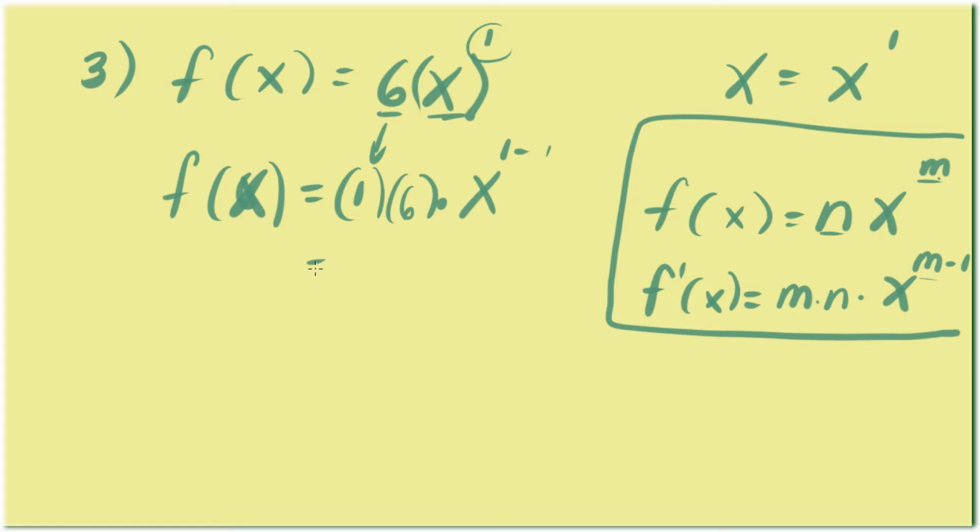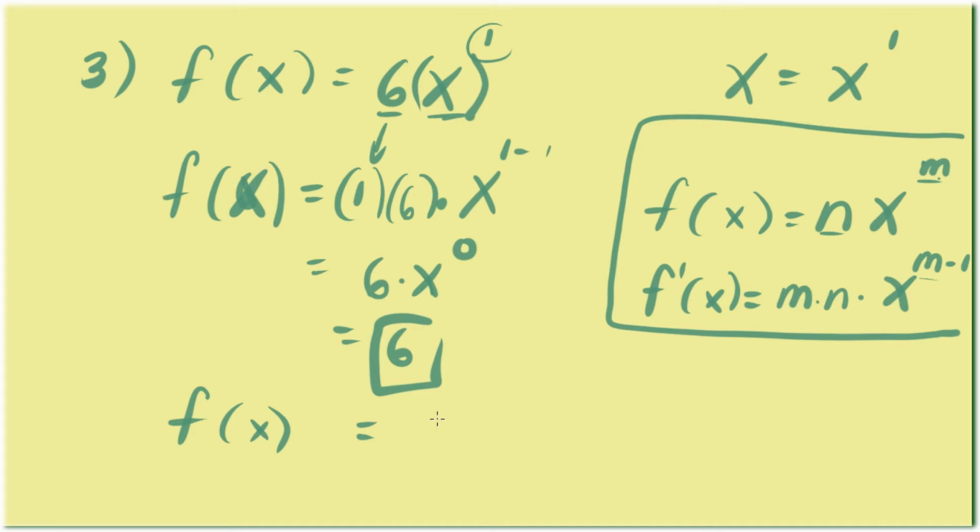So now you have 6x to the 0. A number raised to 0 is 1, so it's just going to be 6. In short, if you see a coefficient, say 6, on a variable plain x, its derivative is just going to be equal to that coefficient 6, okay?